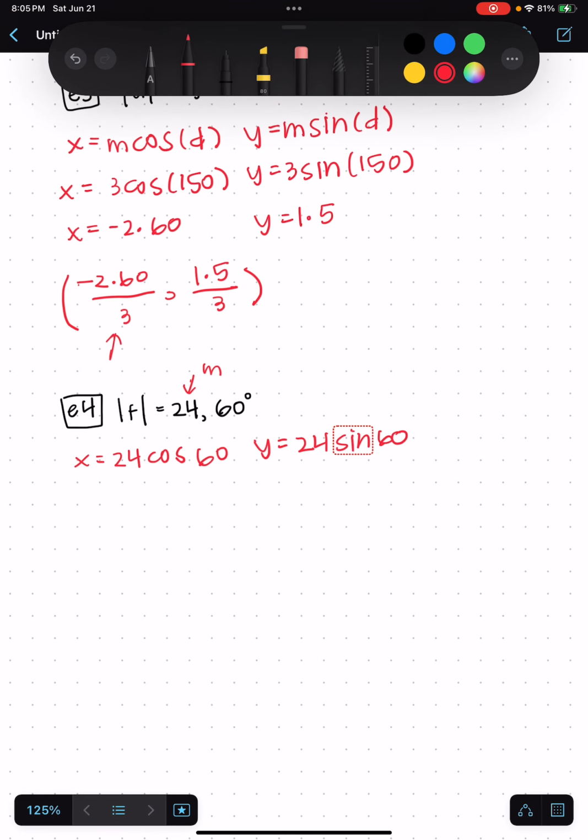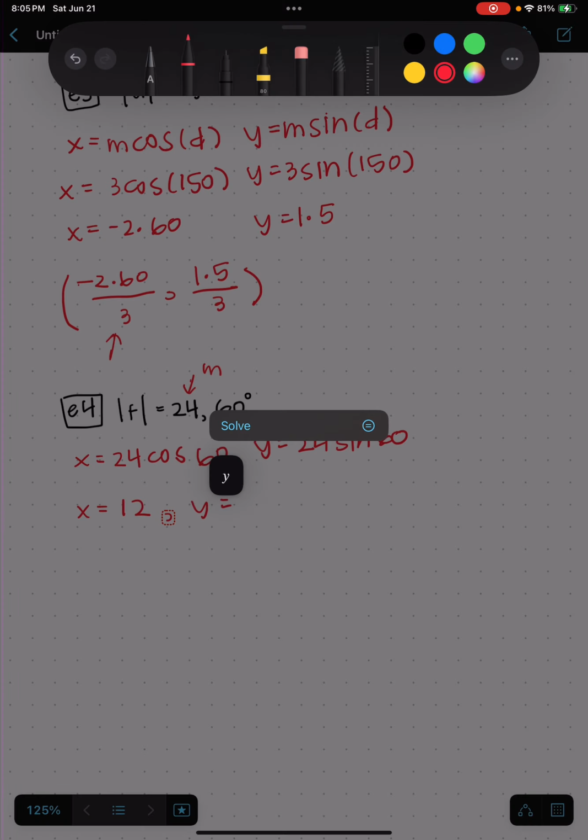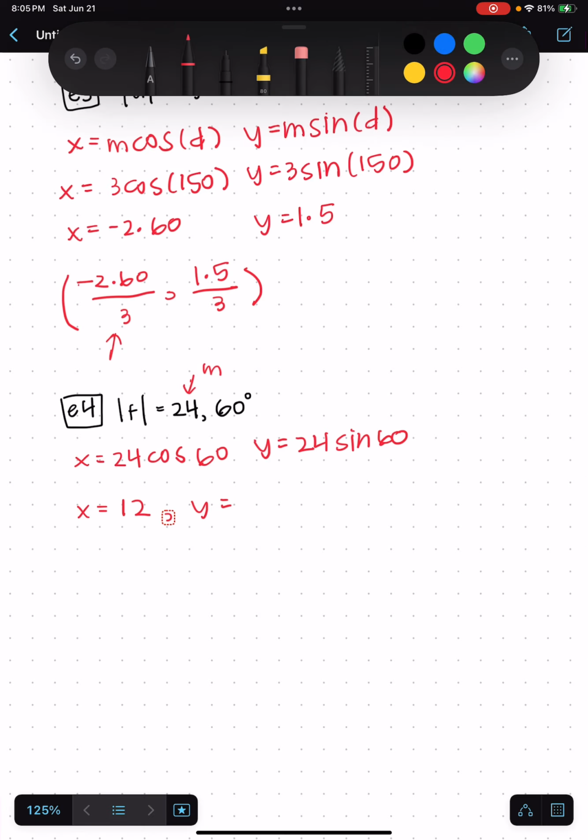Let's plug those in, and I get x is equal to 12, and then y is equal to 20.78. Okay, so then my answers would be 12 over 24. Once again, that can simplify to 1/2. You can just leave it like that, though, if you don't see it. And then 20.78 over 24. That is my final answer as a unit vector.